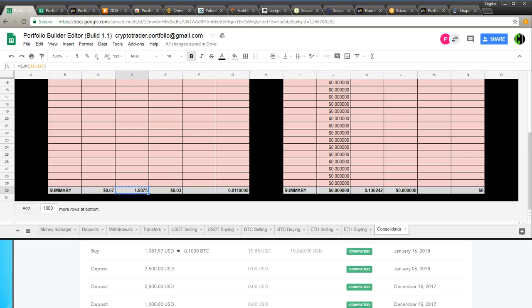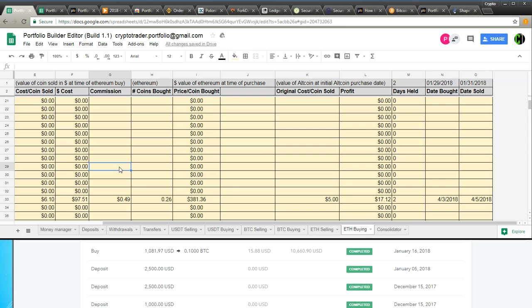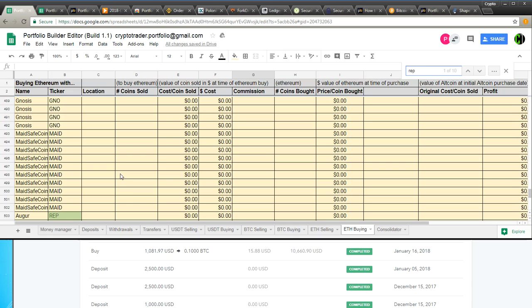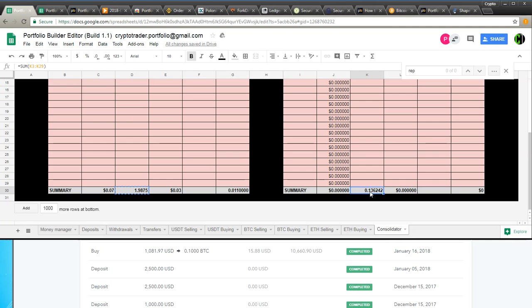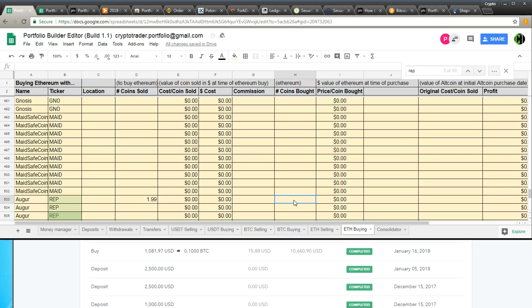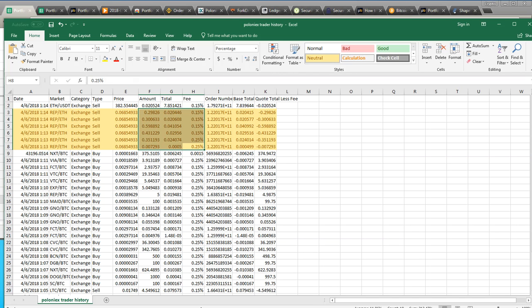So I'll paste this over into the ETH buying, so I'll search for REP, and this is the number of coins sold. Then I'll come back to get the number of Ethereum purchased. Paste that into the bar. And I can come over here and grab the date.